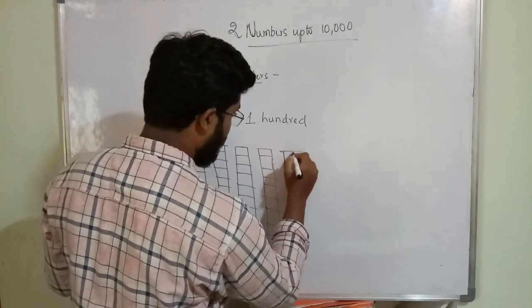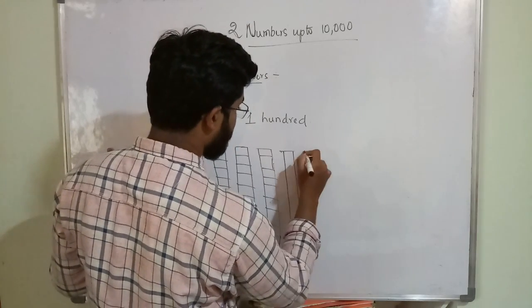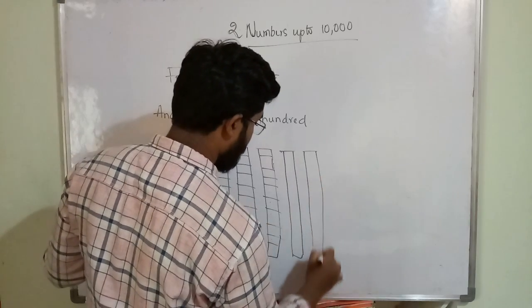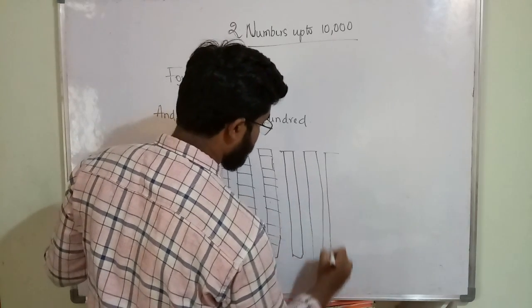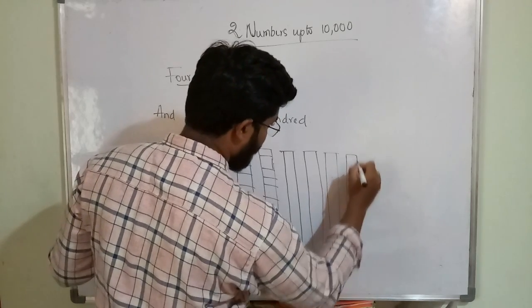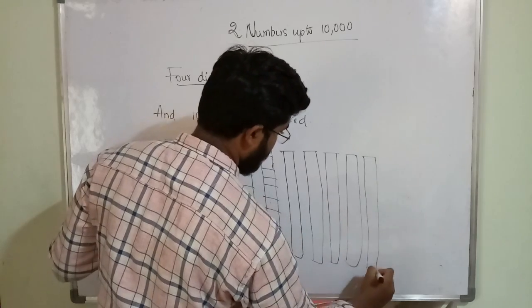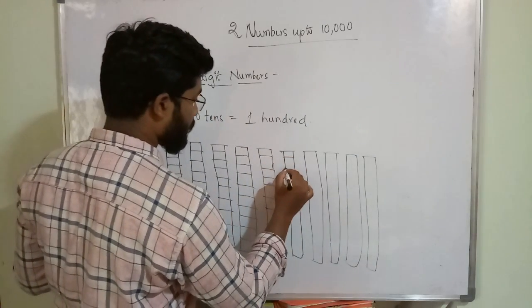We want 10 now. This is 6th box, this is 7th box, 8th, 9th, 10th. Okay, like this.